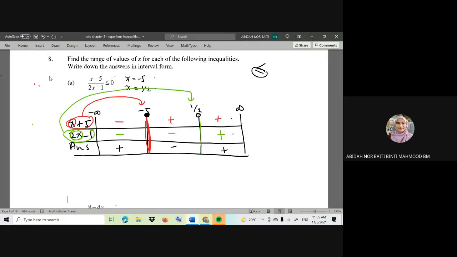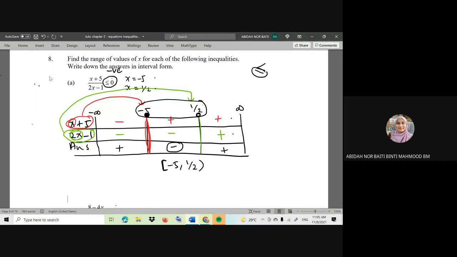So less equal 0 means what? Positive or negative? Less equal 0. Negative. Okay, so this is the answer. Tengok saja ke atas tu ya. So your answer is negative 5, we use squared because here is filled circle, and positive half round because here is empty circle.